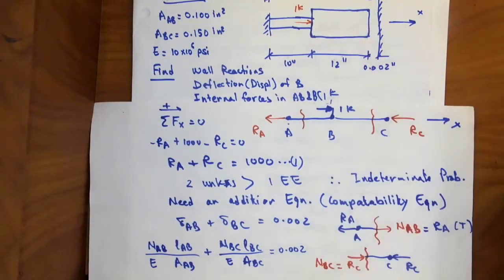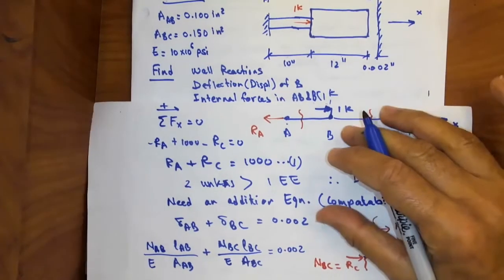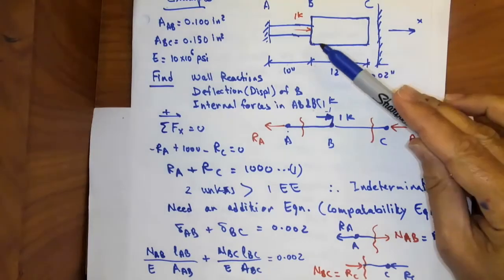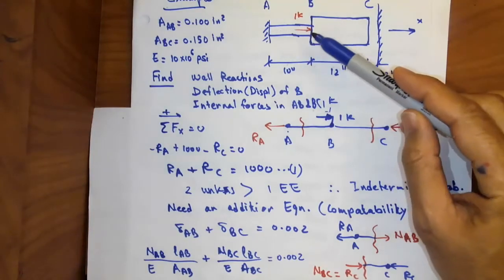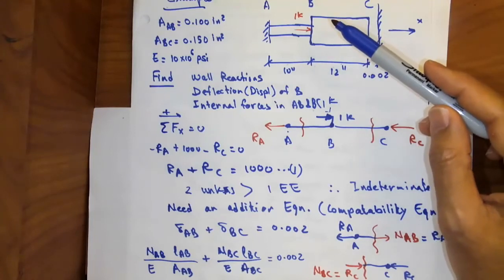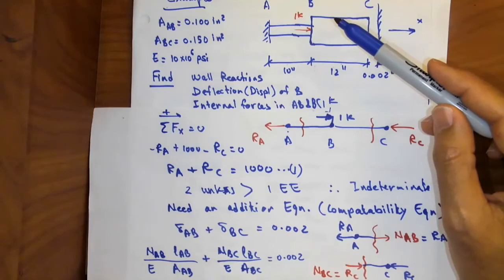How do I make sure that C is going to hit the wall? You mean the elongation of AB? Right.